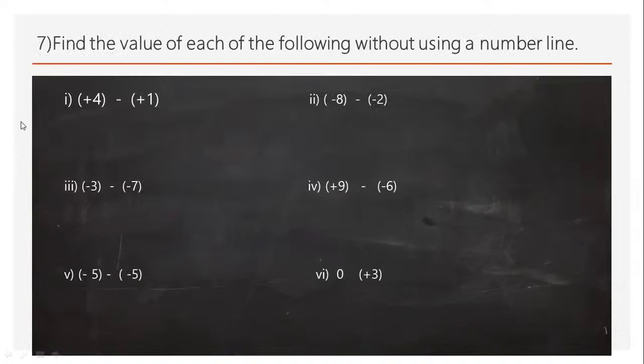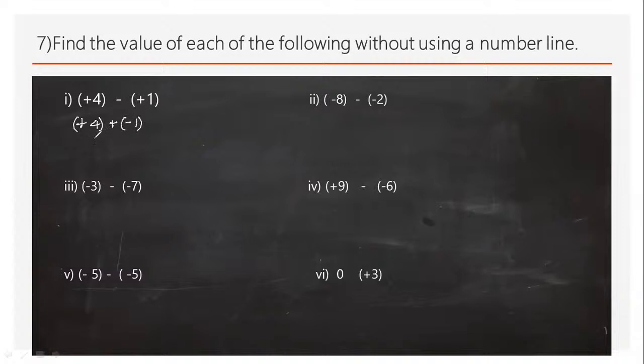Next, let's go to the next slide. Find the value of each of the following without using a number line. Now we are not going to use the number line. Without using the number line, we are going to do the simplification. Right. Here plus 4. Write the positive sign, and here plus 1, write the additive inverse of plus 1, which is minus 1.